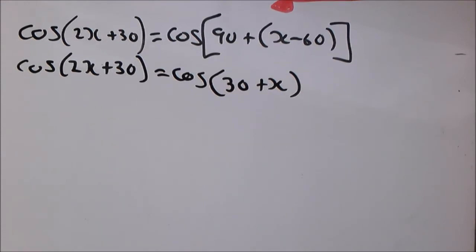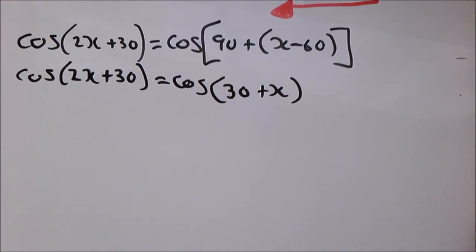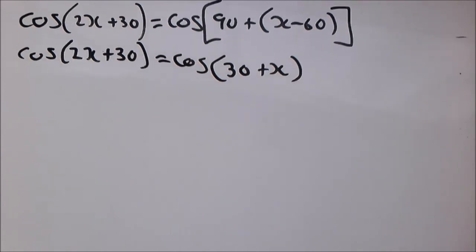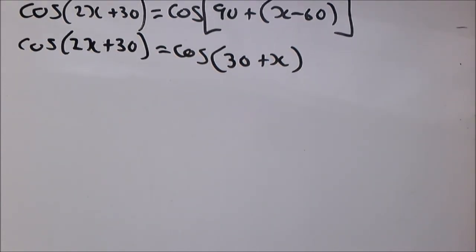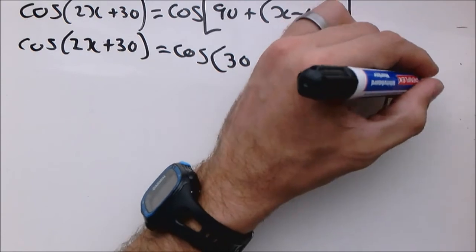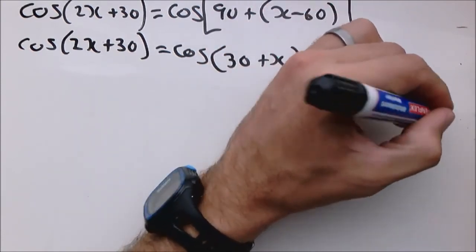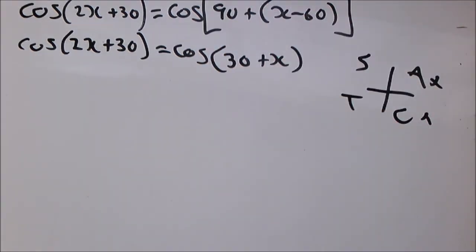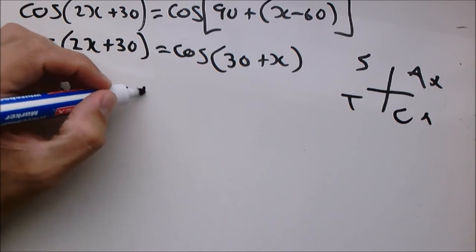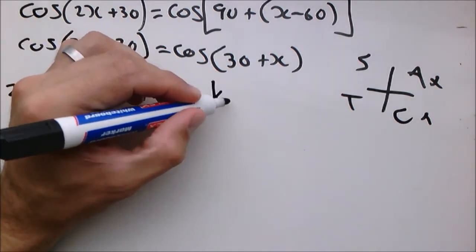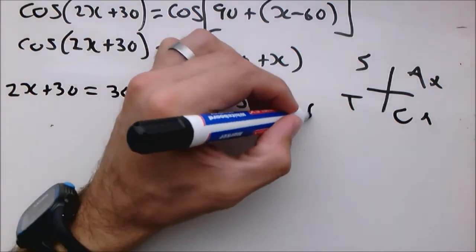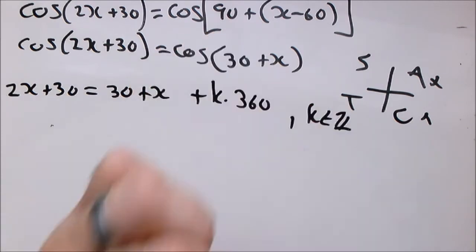So on the right hand side you can see we've got a positive expression, and on the left hand side as well. So we are working in our cast diagram on the first and the fourth quadrants. Now reference angle is 30 plus x. So our first expression looks like this: 2x plus 30 equals 30 plus x plus k 360, and we define our k as an element of z.